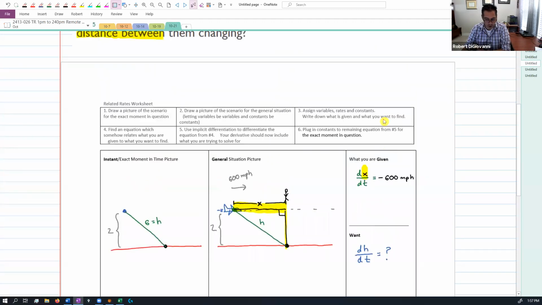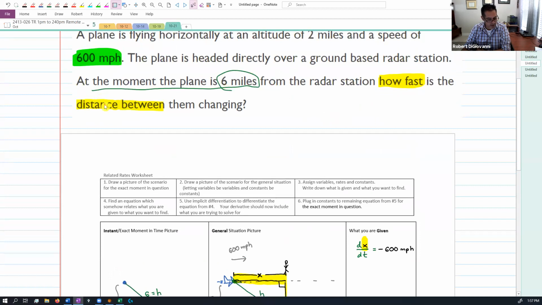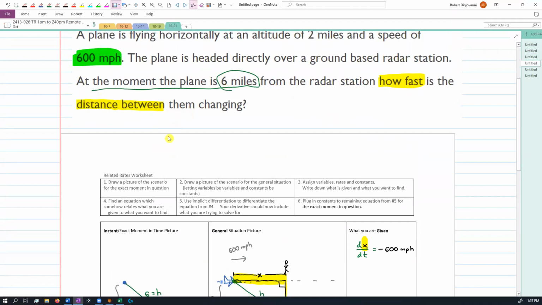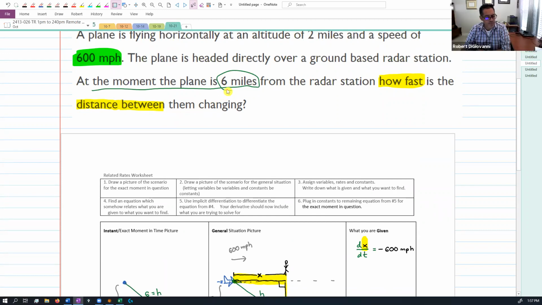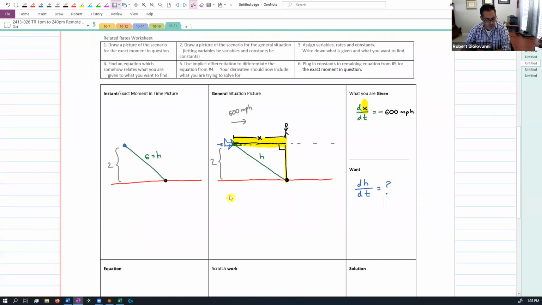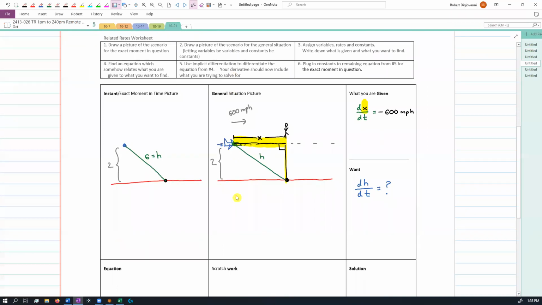Now, Bethany, when do we want that? There is a moment in time we're interested in. How fast is the distance between them changing? When it's 6 miles from the station. Meaning the plane is 6 miles from the radar station, right? Yes. In terms of variables, what are you referring to here? When H is 6.